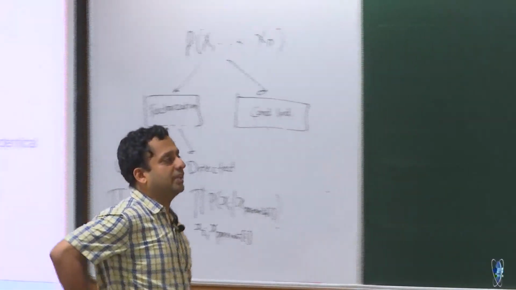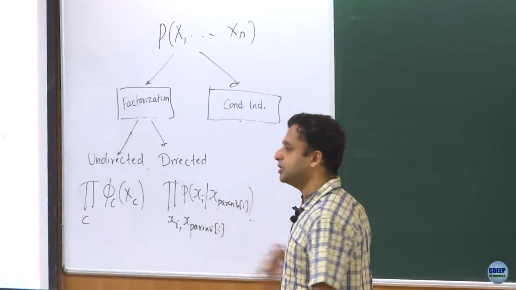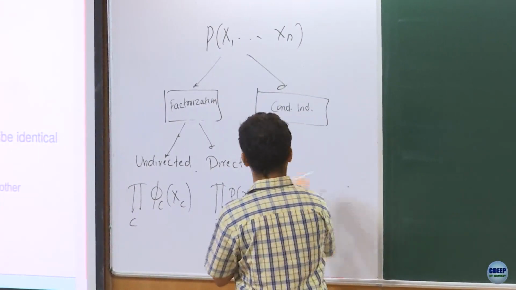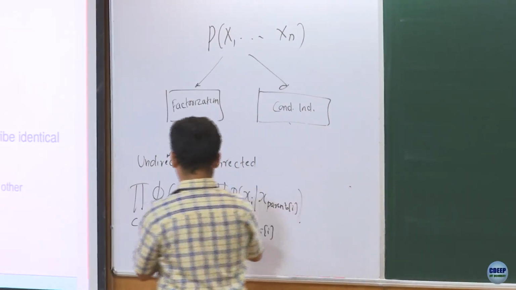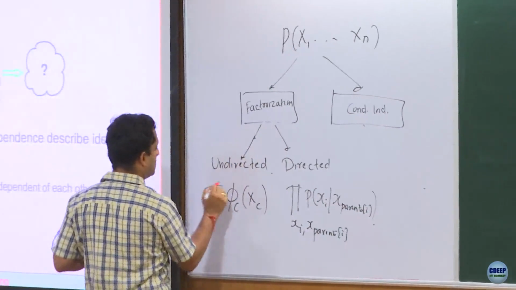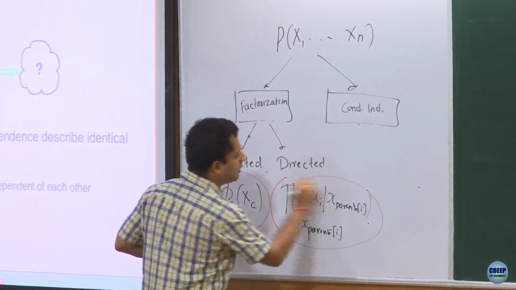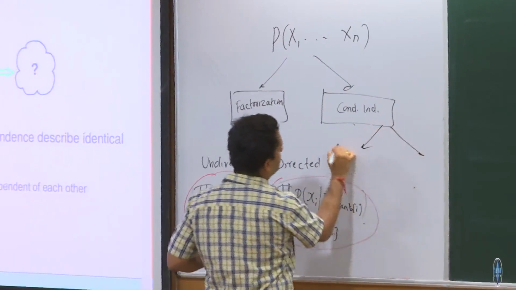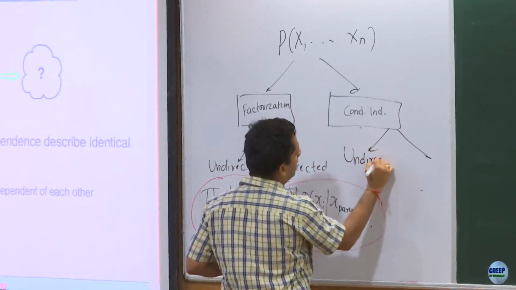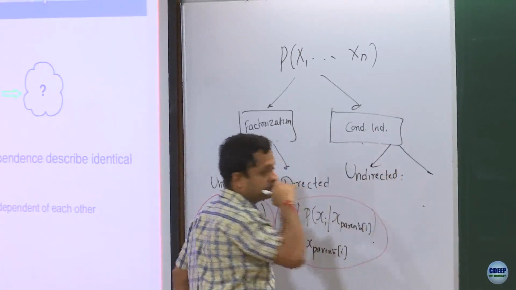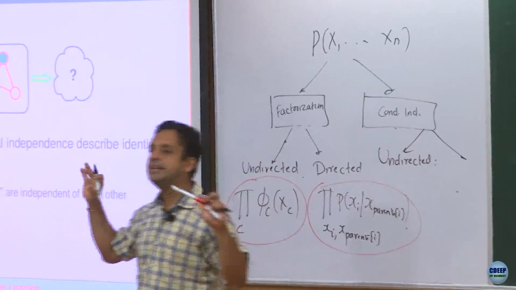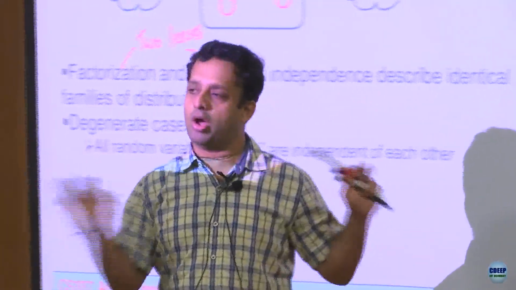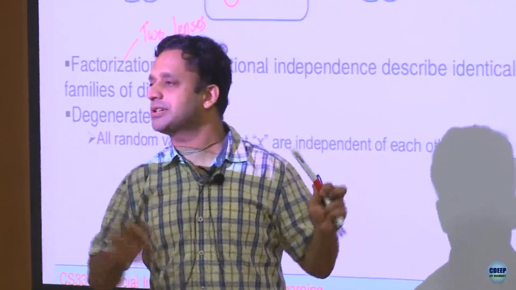And conditional independence talks of the following. These two are factorization, and the summary with respect to conditional independence is that in undirected graphs, two sets of nodes are conditionally independent given a third set of nodes if the third set of nodes blocks every path from the first to the second.